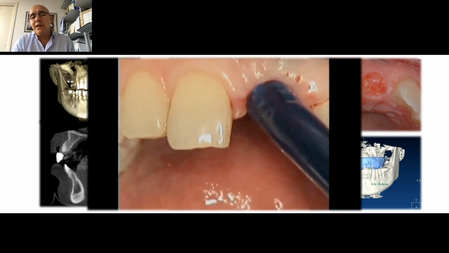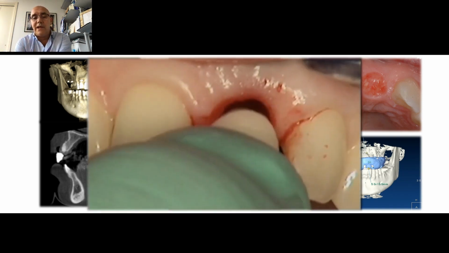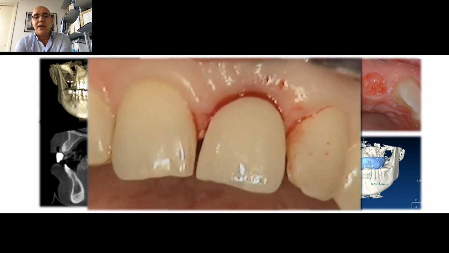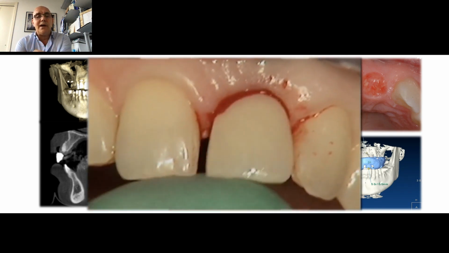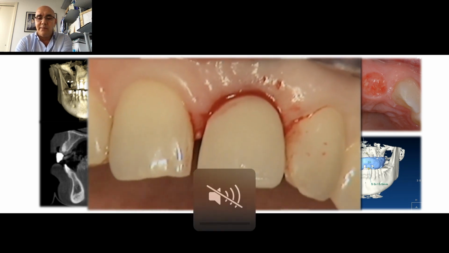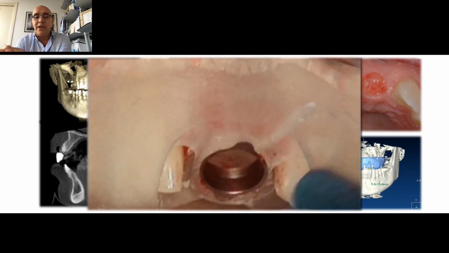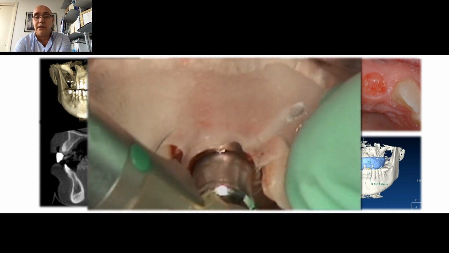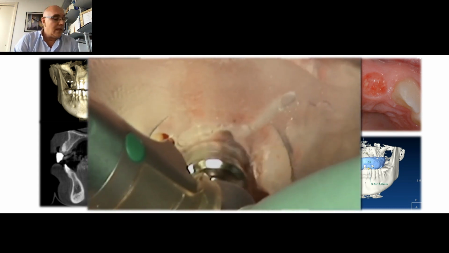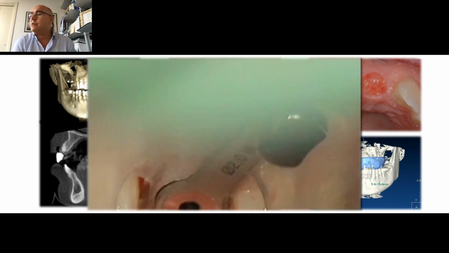And basically, you can see that once you have opened your small flap, you can put the temporary crown in place, and the temporary crown will actually start conditioning the soft tissue from the moment zero. So it's a fantastic way to do soft tissue conditioning from moment zero.